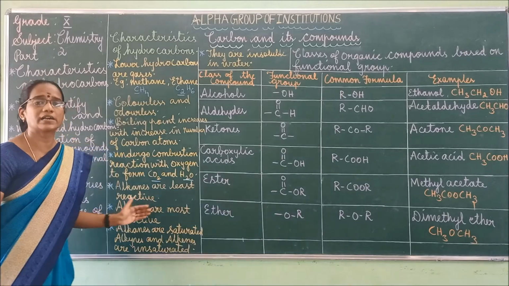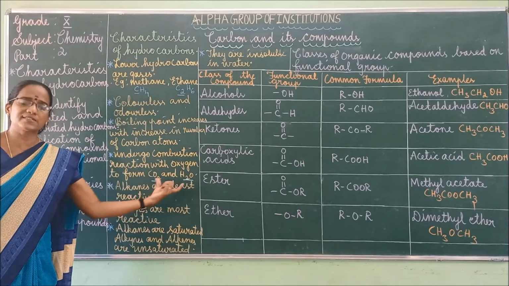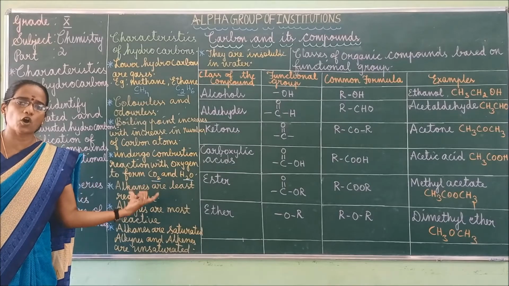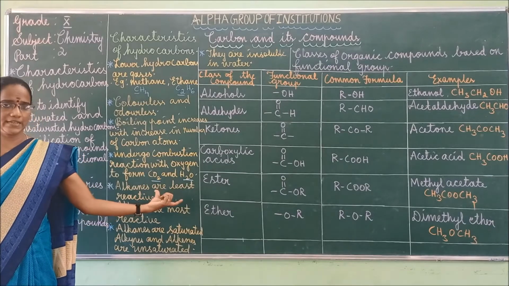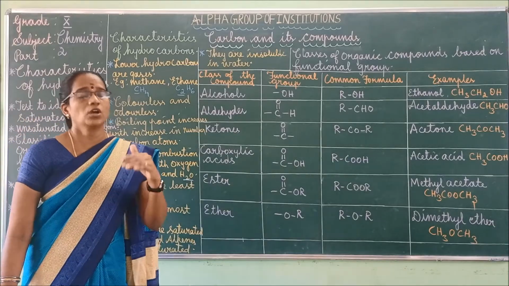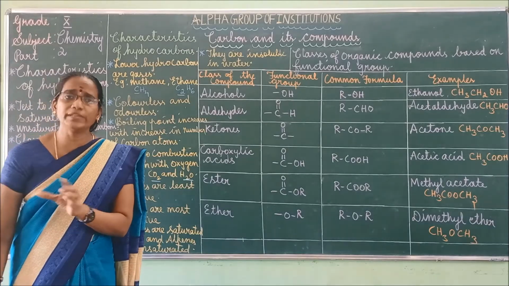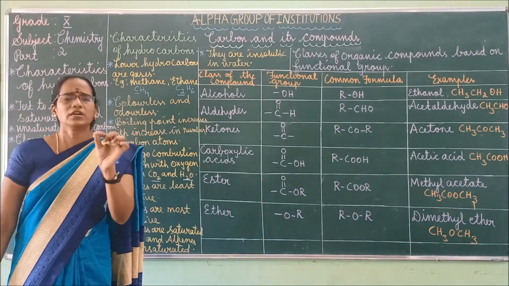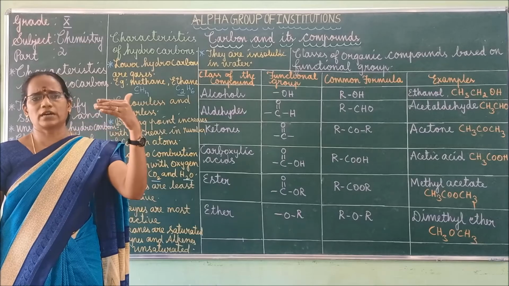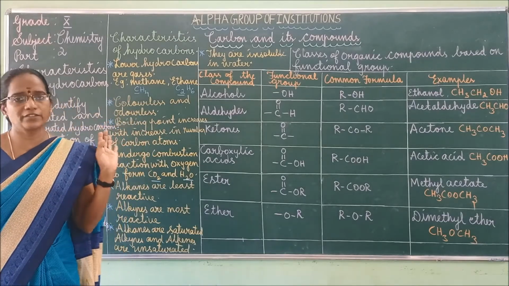That is why alkynes are most reactive in nature, whereas alkanes are less reactive, because the carbon atoms are connected by a single bond. A double bond means a little higher reactivity, but a triple bond means it is highly reactive.